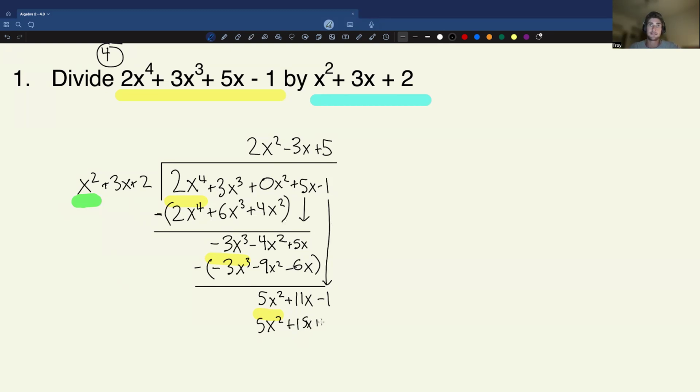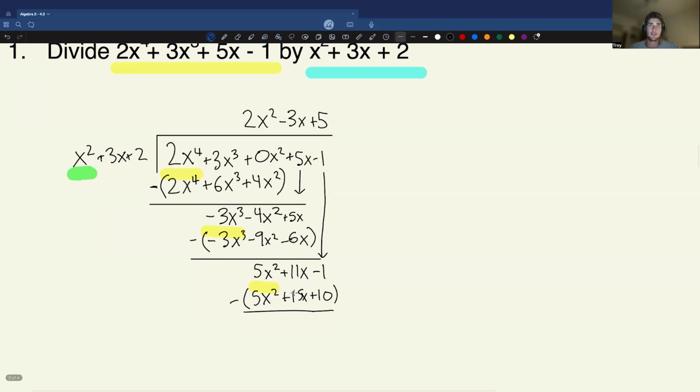And then plus 10 here. Okay. Boom. Subtract these out. These cancel. 11x minus 15x is negative 4x. And negative 1 minus 10 is negative 11.